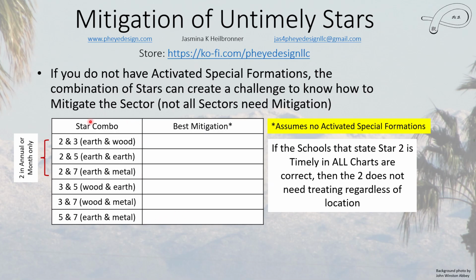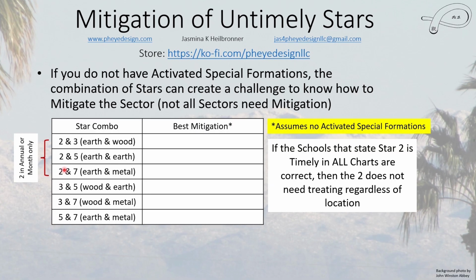But here, I'm going to start talking about combinations of untimely stars. Now here I do give you the 2s just in case some of the schools are right and star 2 is untimely in the annual and month stars. But these are still definitely a problem, the 3-5, the 3-7, and the 5-7 in any of the charts in period 9.